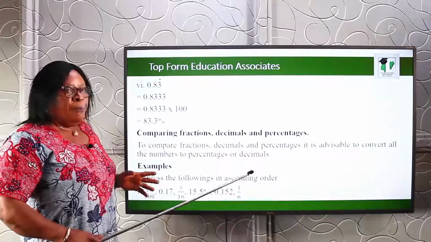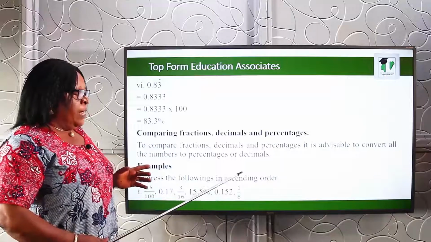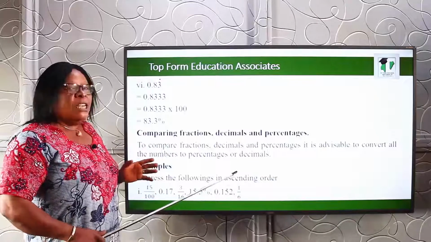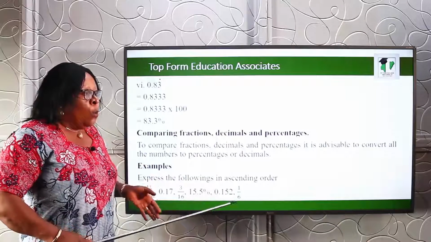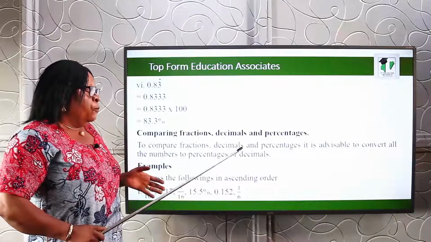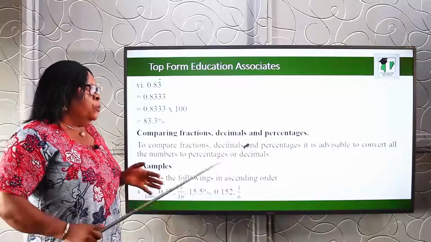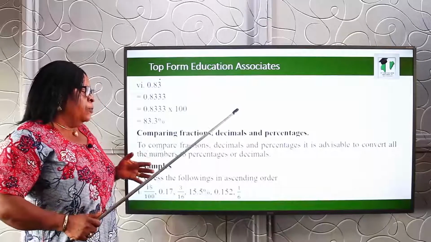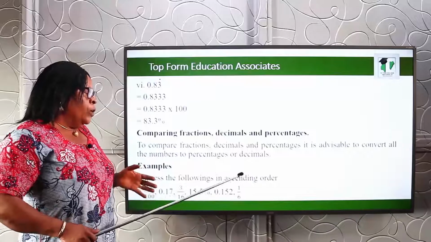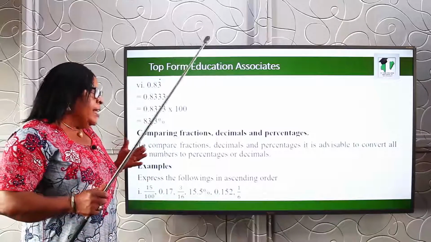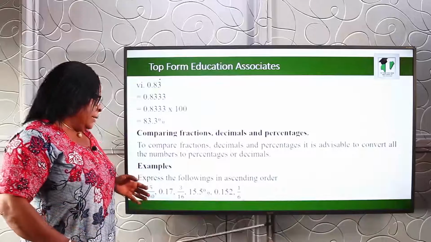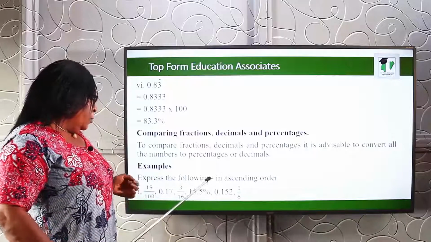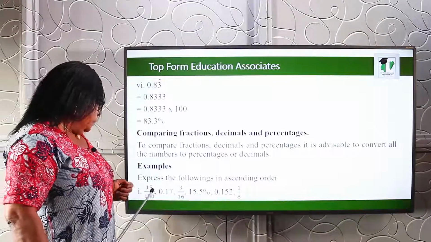Arranging in order of magnitude means you can arrange in ascending order, which is from the lowest to the highest, from the smallest value to the highest value. In descending order, it is from the highest to the lowest, or the biggest to the smallest. So let us look at these examples.